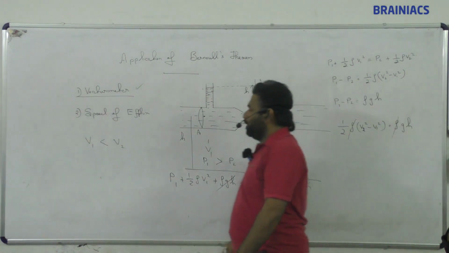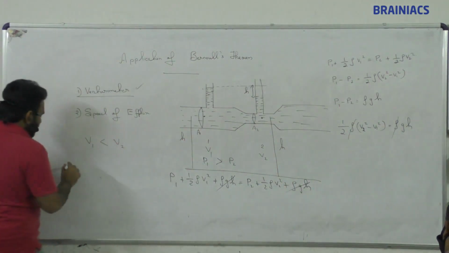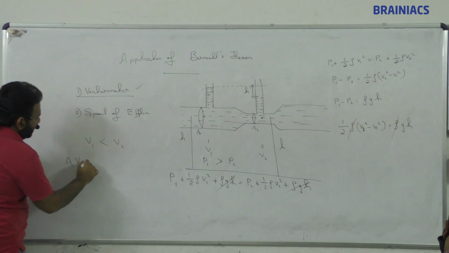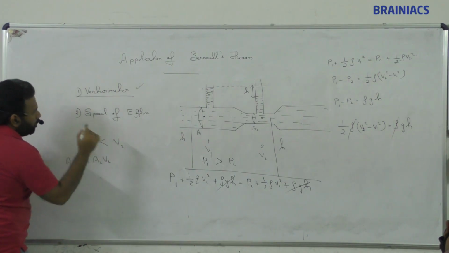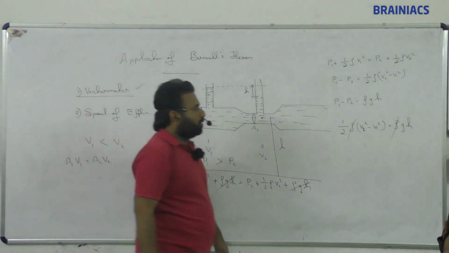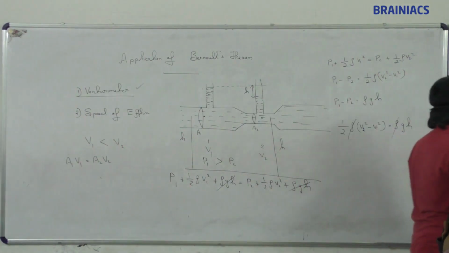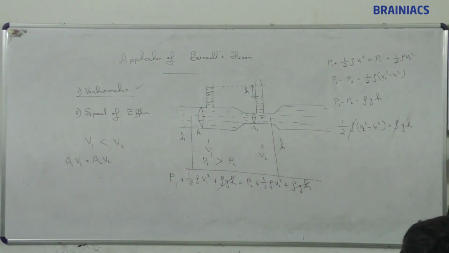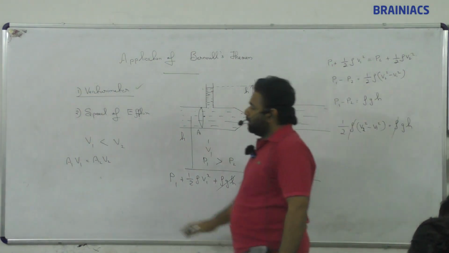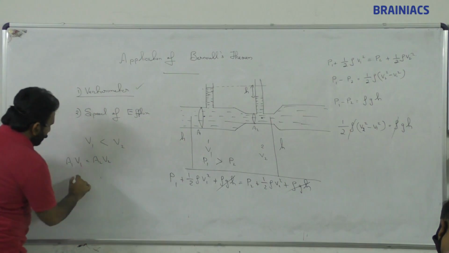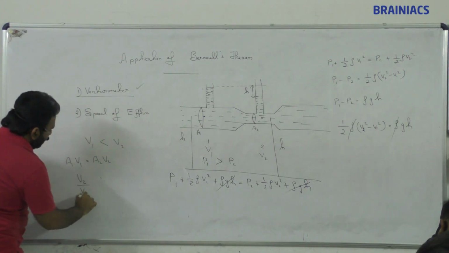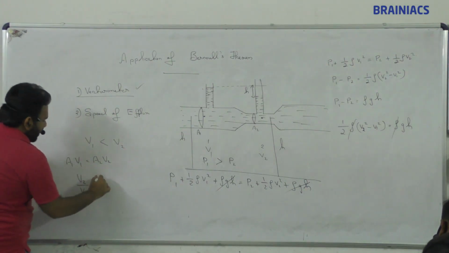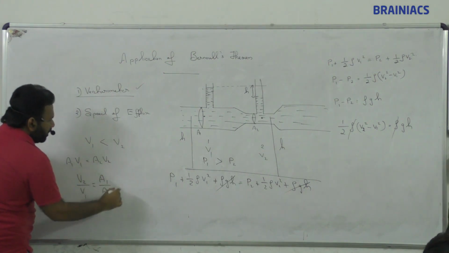Correct? So this rho can be cancelled off, and I know that A1 V1 is equal to A2 V2. Clear? So I can substitute one value here. V2 by V1 is equal to A1 by A2.